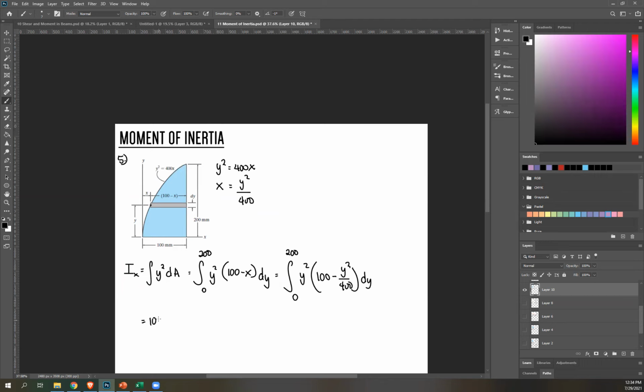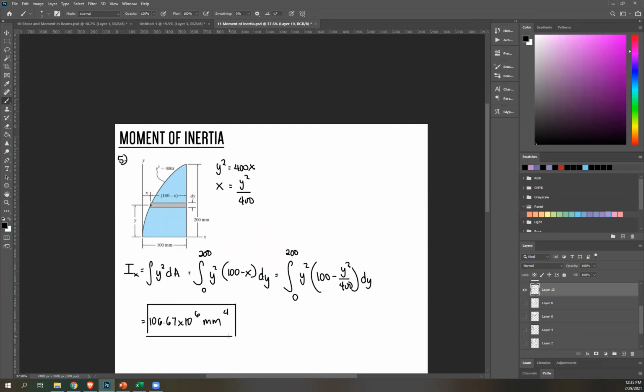Okay, let me get the actual answer. 10666, right? Yep. So 106.67 times 10 raised to 6. Then unit, they're all in millimeters. So millimeter raised to 4. That's the answer.